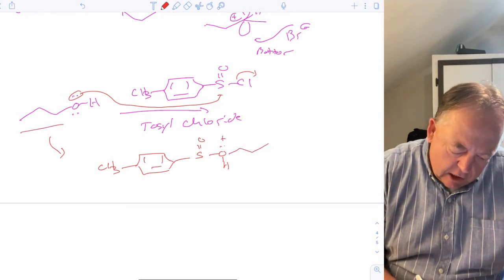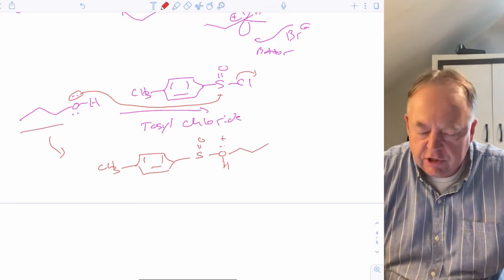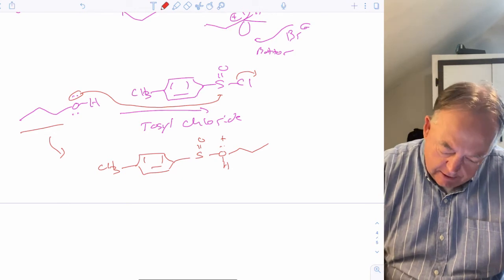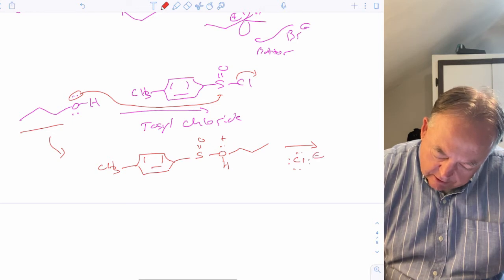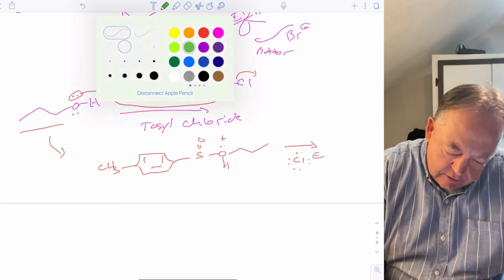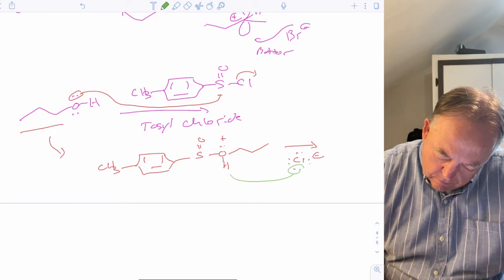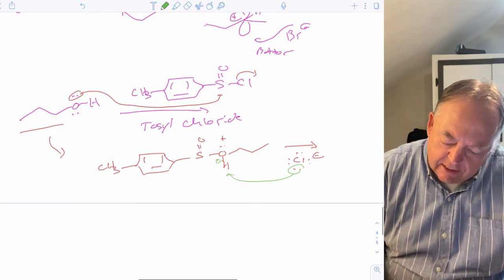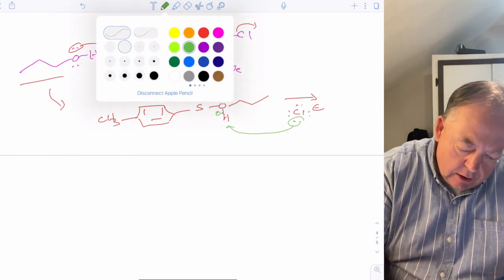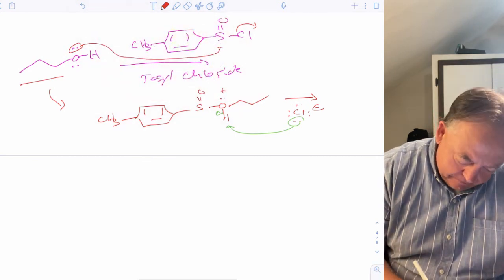Whatever is attached to oxygen, the propyl chain in this case, is just tagging along for the ride. And then the Cl minus that you just lost can take the hydrogen off of the oxygen, and the OH electrons will become a lone pair on the oxygen.